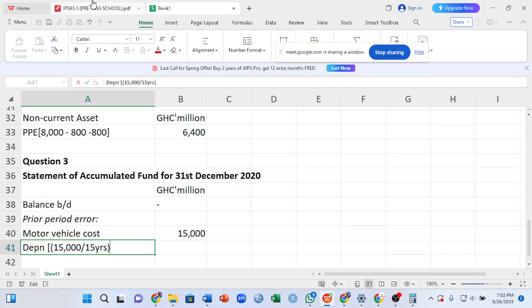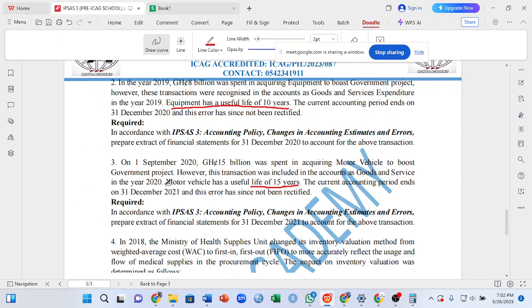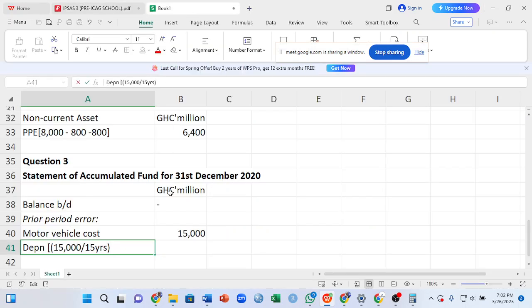But bear in mind that the 2020 depreciation will start on 1st September 2020 and end on 31st December. So how many months would that be? 4 months. So you're going to multiply it by 4 over 12.